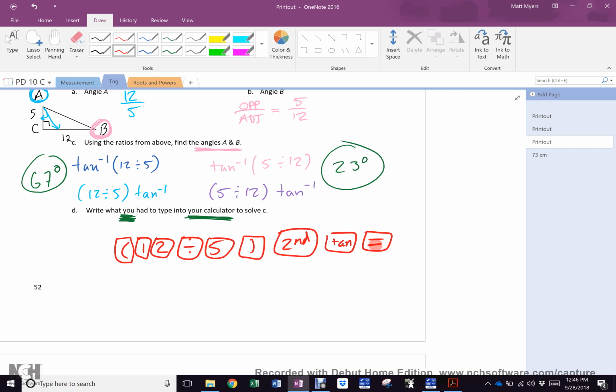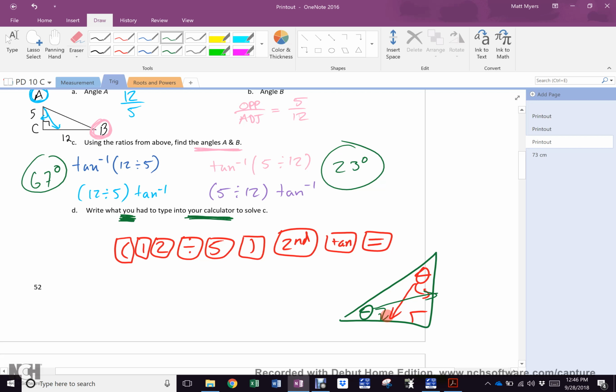Everybody cool? Now, some of you hopefully are doing this in your head. There's a theta, and then there's this other theta up here that I'm allowed to work with, right? I can't work with the 90. And you know that opposite and adjacent are what we work with, yes?